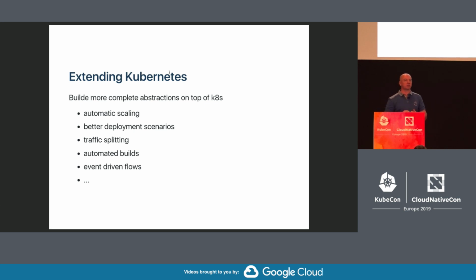You're going to get a horizontal pod autoscaler. You're going to be able to do automated builds, and then declare how you want events to flow and things like this. So that's the hope of this Kubernetes extension, to give you all the primitives so that you can build those serverless pipelines.